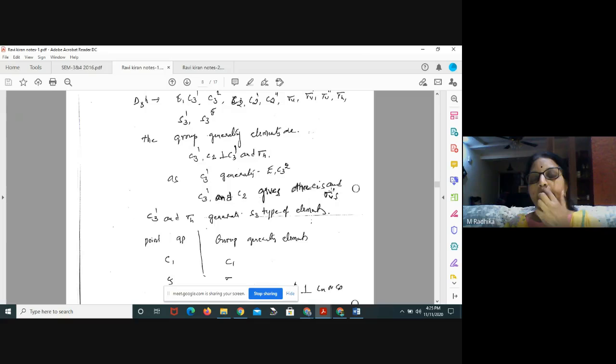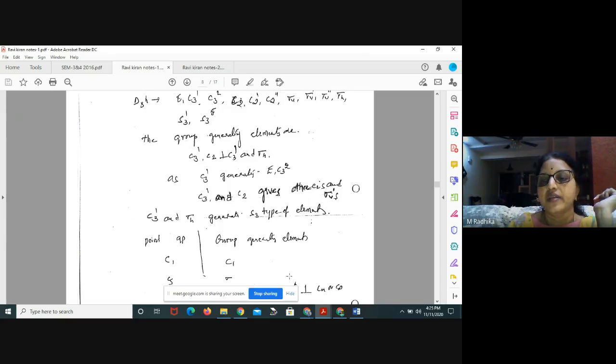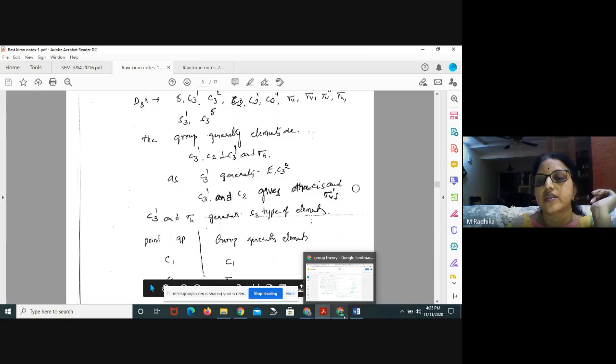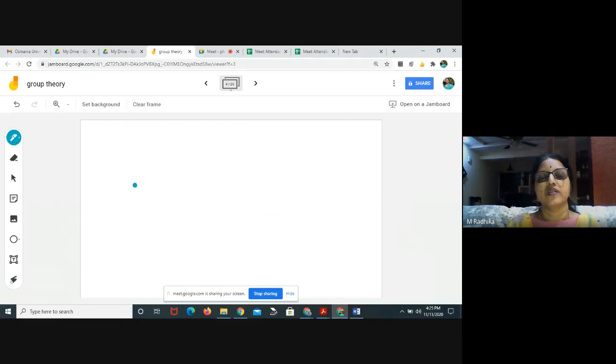What is happening? What is C3? If I'm having a molecule, let me go to the whiteboard again. So if I'm having a molecule with an atom A, the axis is like this, passing through A, with atoms 1, 2, and 3.